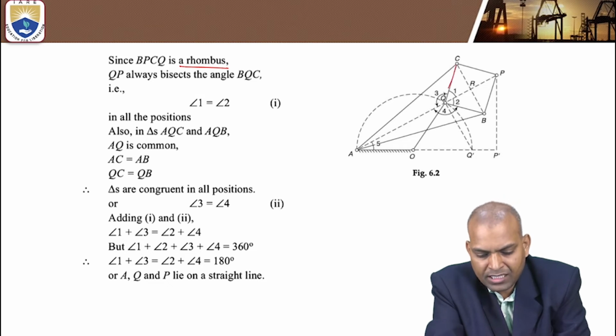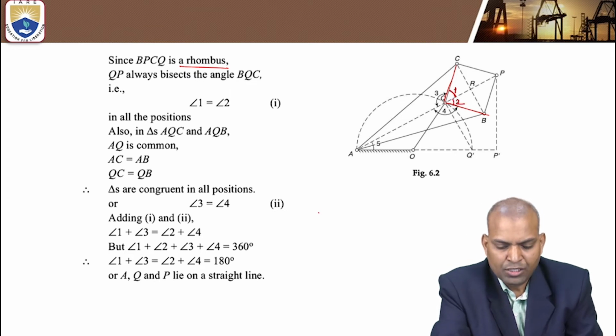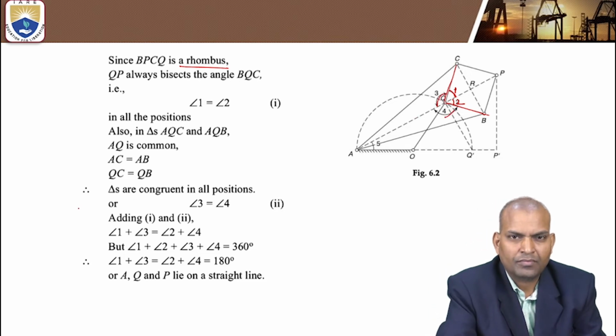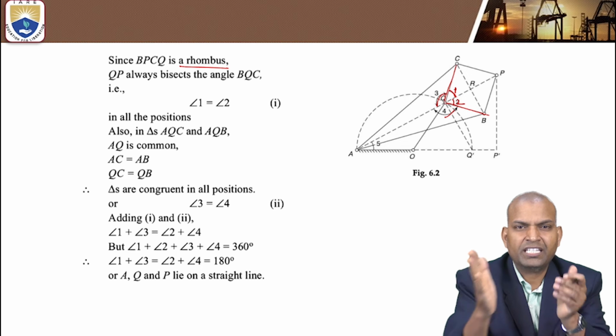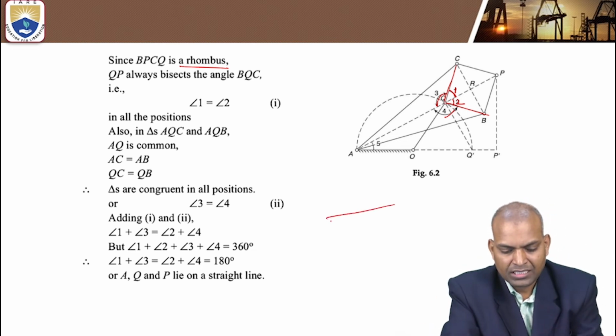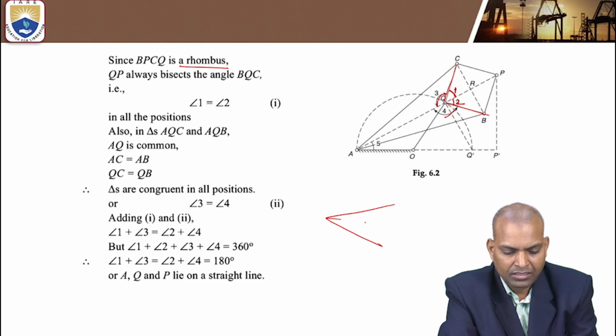When it bisects BQC, angle 1 equals angle 2. Similarly, angle 3 equals angle 4. Bisect means equal sections, dividing equally.